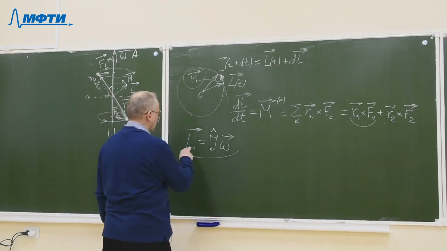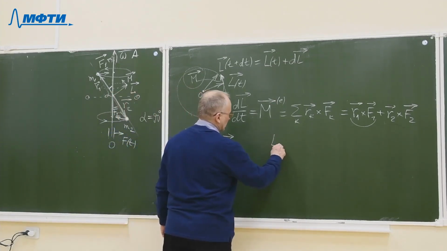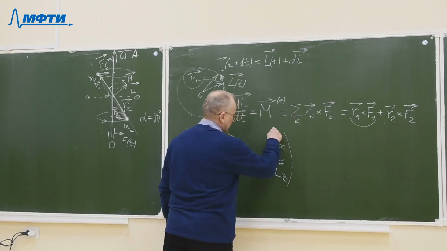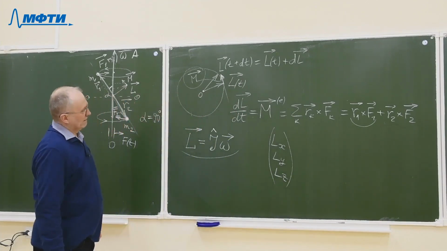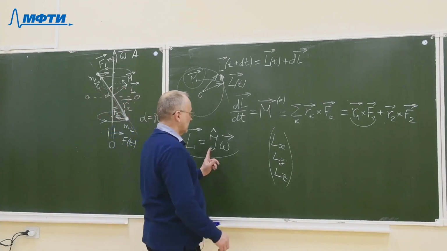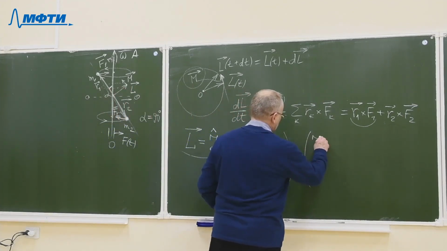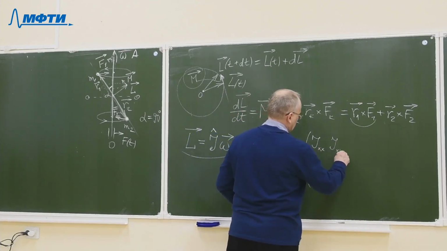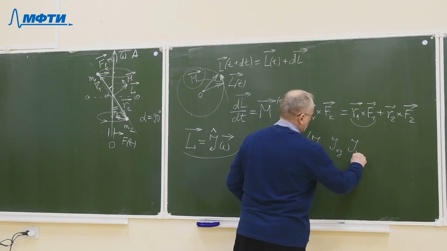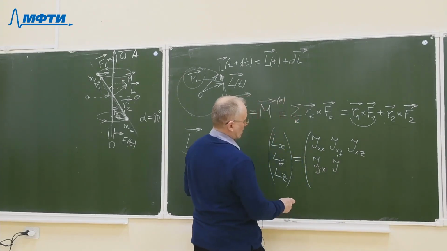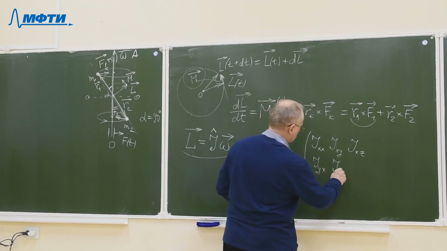So that vector L has three components, Lx, Ly, and Lz. I will write these three components as the vector in such a column, a vertical column, and then matrix of moments of inertia will have this general form.